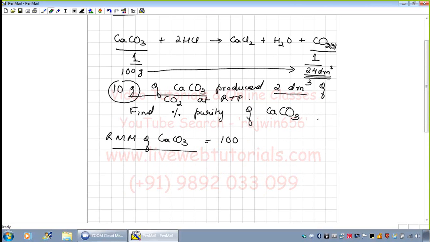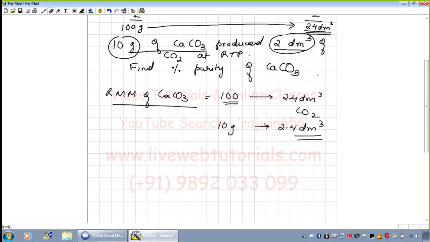Okay. So 100 grams of CaCO3 should give us 24 dm cube of CO2. So 10 grams must give me 2.4 dm cube of CO2. But in actual, here we are getting 2 dm cube of CO2.